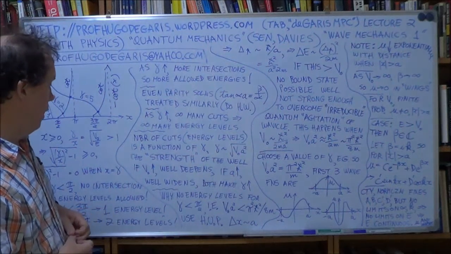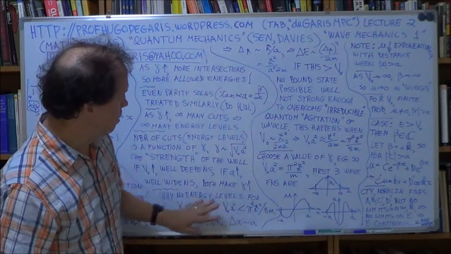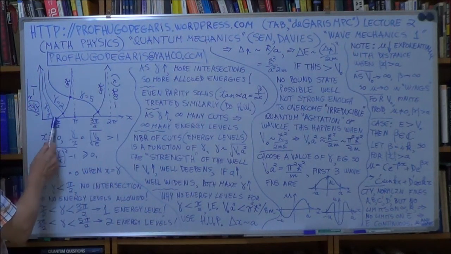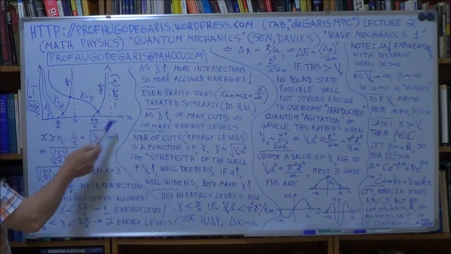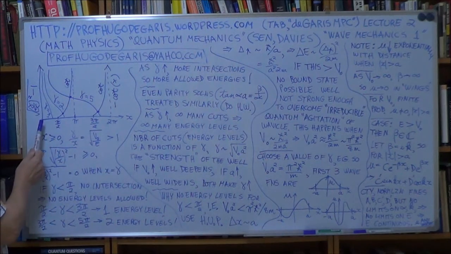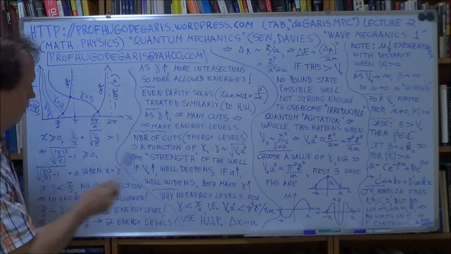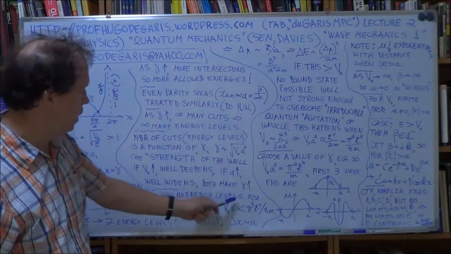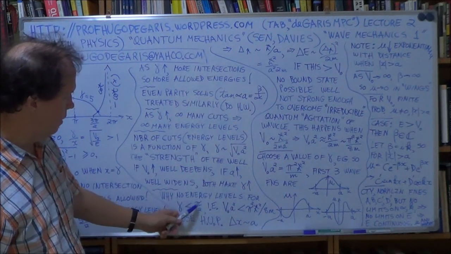Right? Okay, so a bit more discussion now. Why are there no allowed energy levels in this range when x is between 0 and pi over 2? Why no energy levels for when gamma is less than pi over 2?